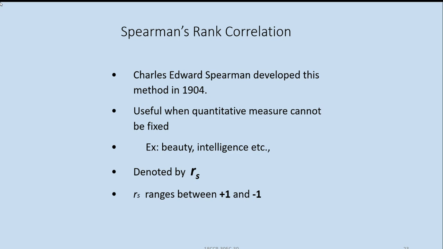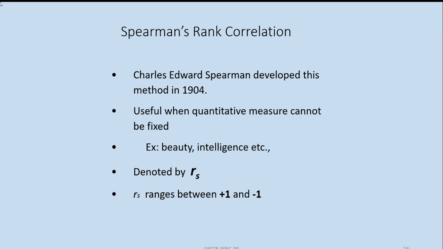So in such a case, it is very difficult to calculate the correlation, but we have to calculate the correlation. For that purpose, Spearman has given a method for quantifying the quality data, and then we will calculate the correlation.